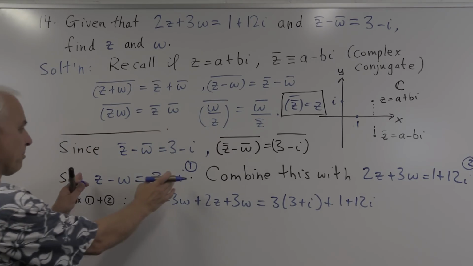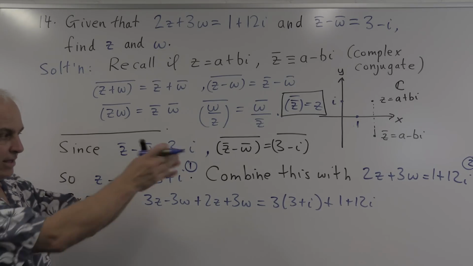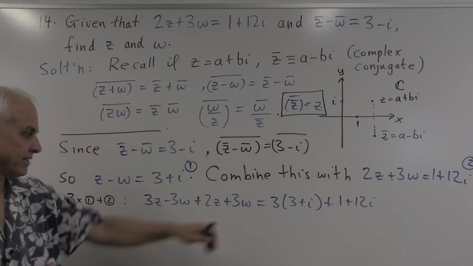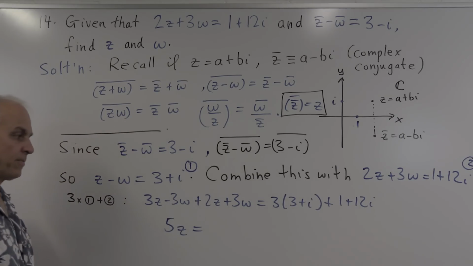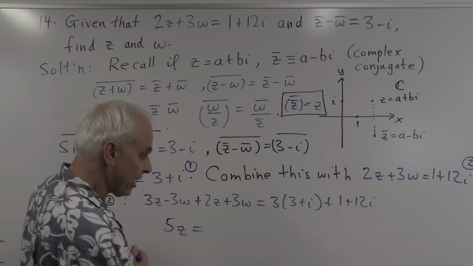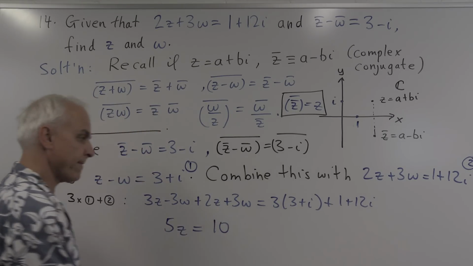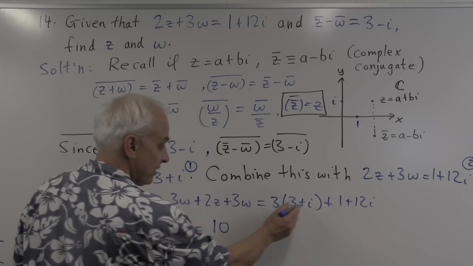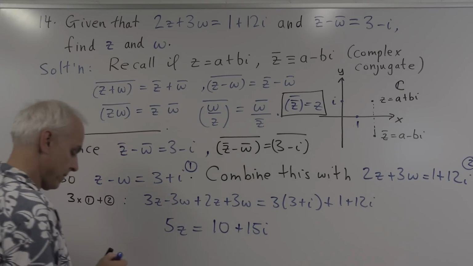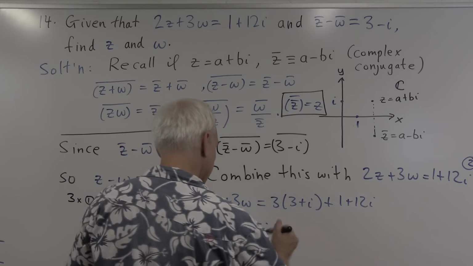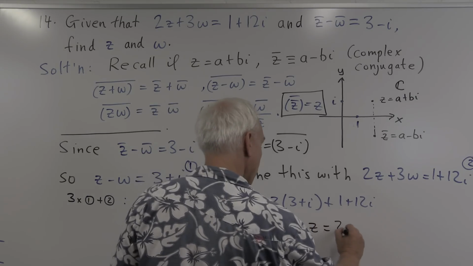You can see that I'm multiplying this equation by 3 and adding it to that equation so that the w's now cancel. We're left with only 5z on the left-hand side. On the right-hand side, 3 times 3 is 9 plus 1, that's 10. And the imaginary parts, 3 times i plus 12i, that's altogether 15i. So therefore, dividing by 5, z is 2 plus 3i.